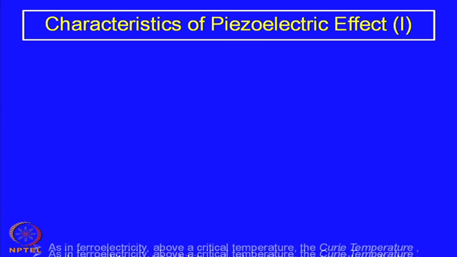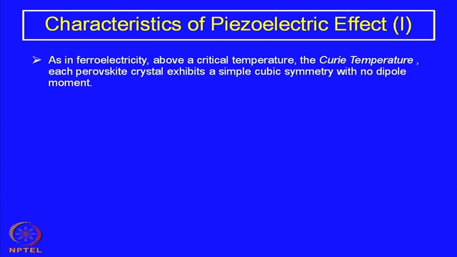Well, there are some characteristics of the piezoelectric effect, some of which we have already discussed. As in ferroelectricity, above a critical temperature, there is also a critical temperature called the Curie temperature. Perovskite crystals exhibit a simple cubic symmetry and no dipole moment.